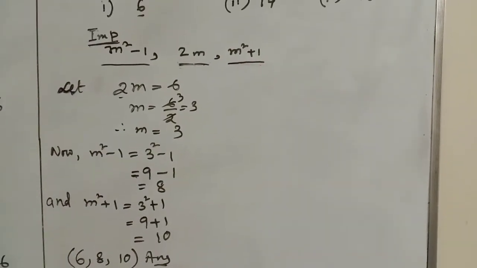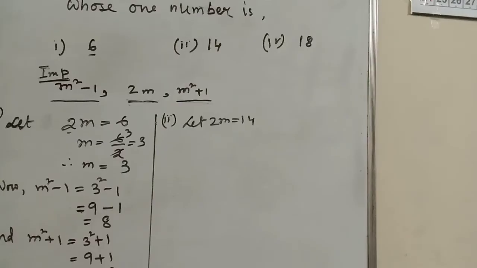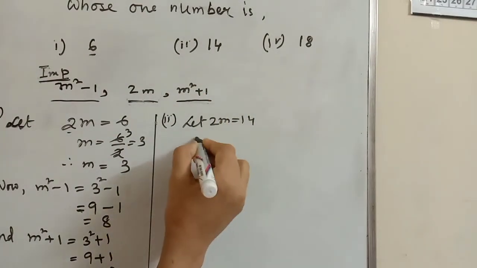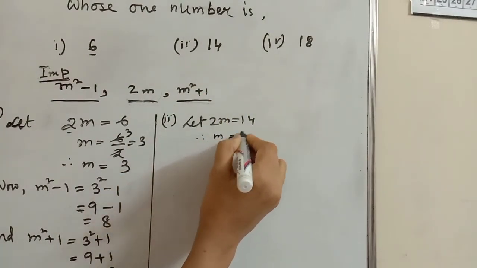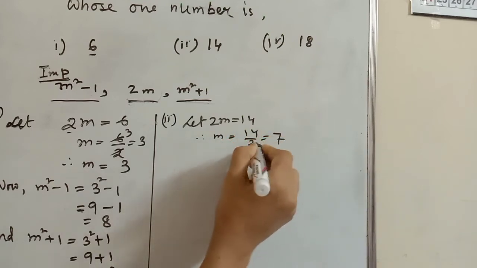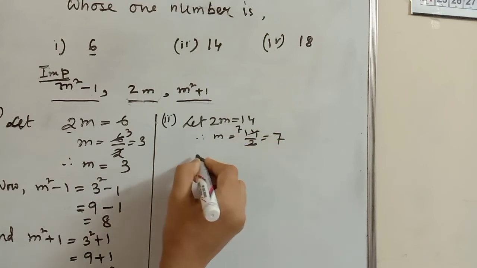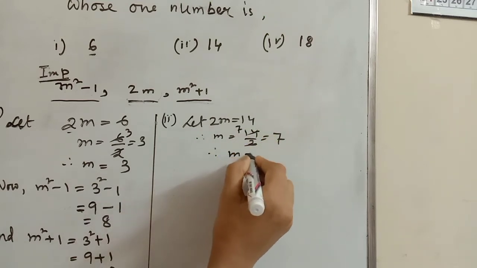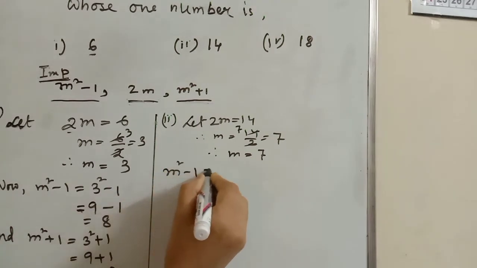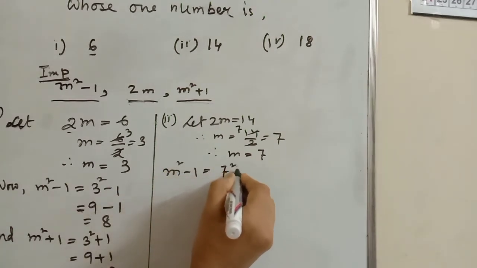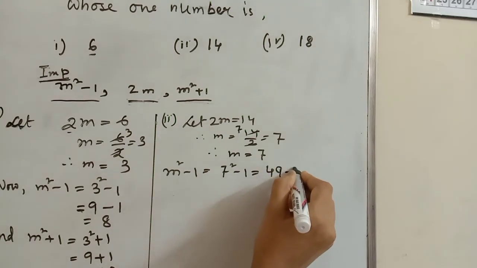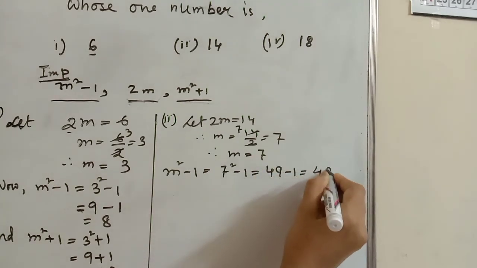In this way I will do the next one also. For the second sum, let 2m be equal to 14. Therefore m is equal to 14 by 2, that is 7. If you cancel, you will get 7. Therefore m is equal to 7. Now m square minus 1, that is 7 square minus 1, that is 49 minus 1, 48.